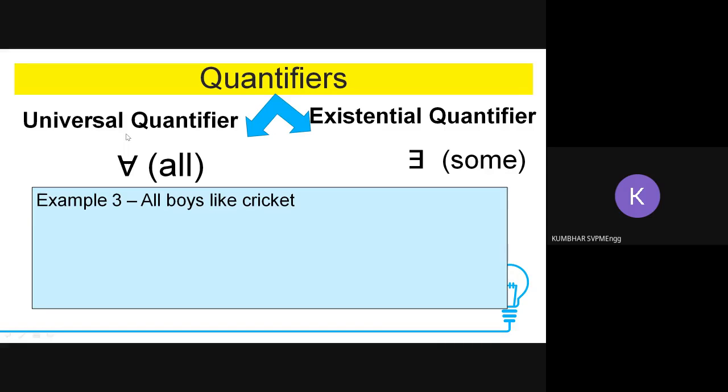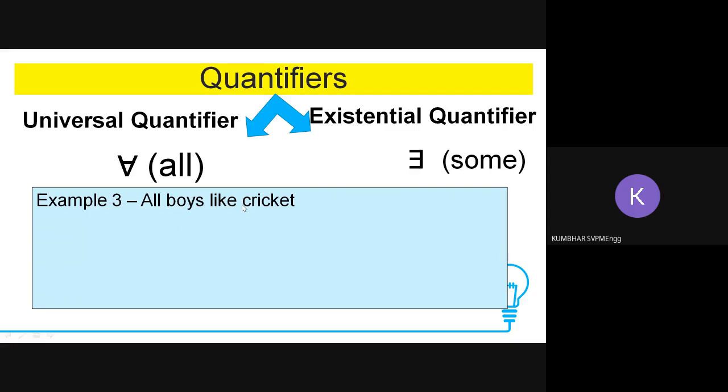As the name says, the universal quantifier represents all. The second quantifier is the existential quantifier, the backwards E symbol, which represents some. We are going to rewrite example 3 and example 4 using these quantifiers, which will make our predicates correct and accurate. So let's go for it.